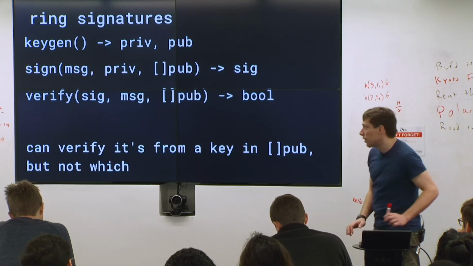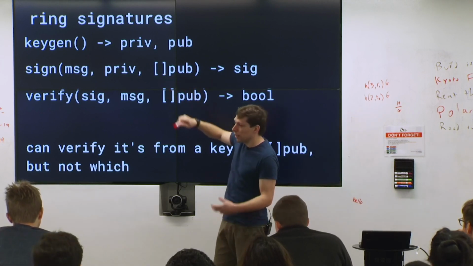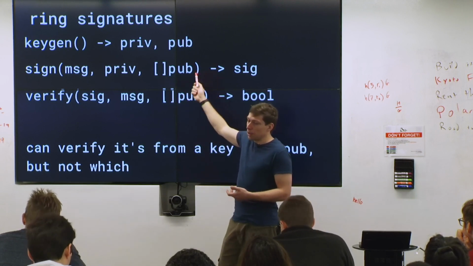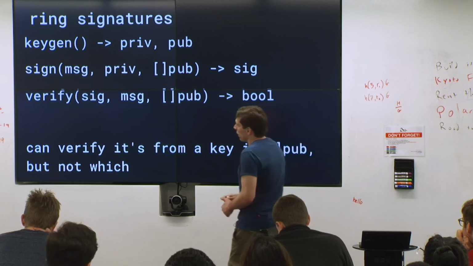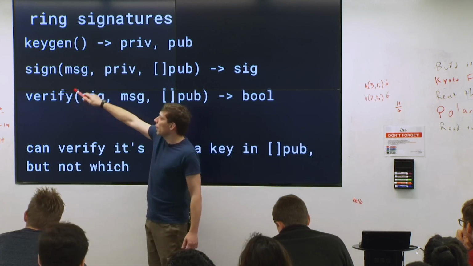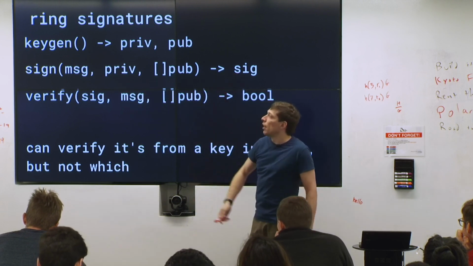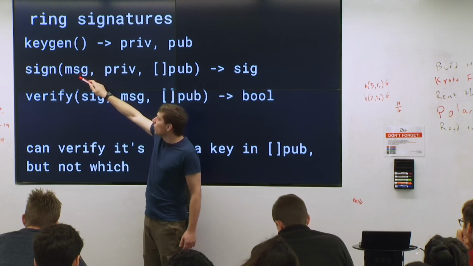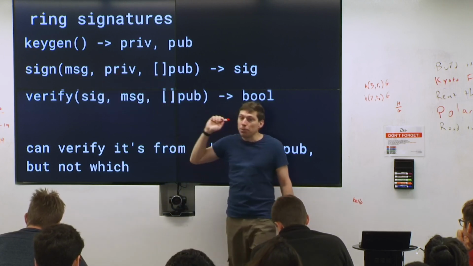So basically, it's the key generation step, same as before, right? You have some kind of key gen, takes in some randomness, and it spits out a private key and a public key for you. And you can use those later. Sign, on the other hand, used to just have the message to sign and your private key, and it would output a signature. In ring signatures, you sign with the message you want to sign, your private key, and then pick a list of other people's public keys.